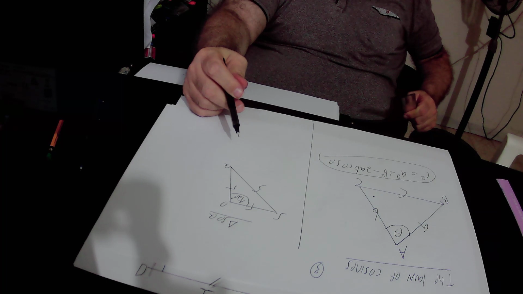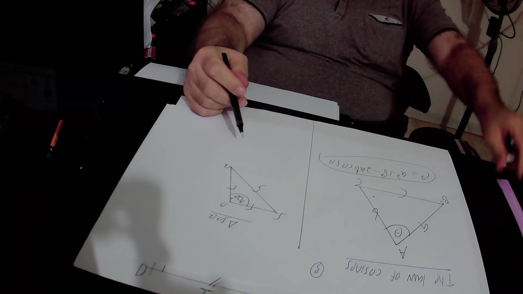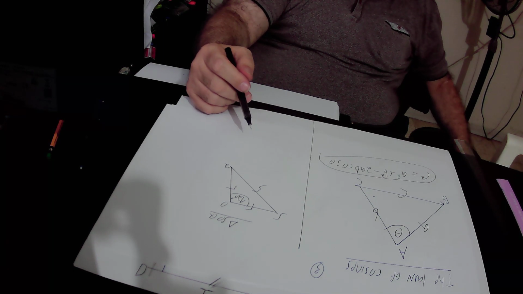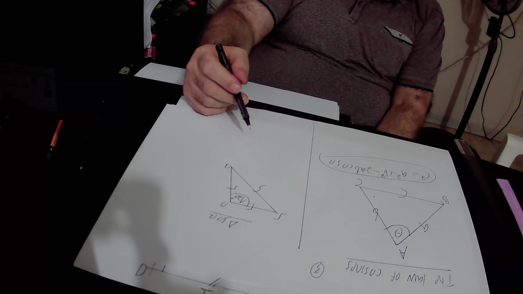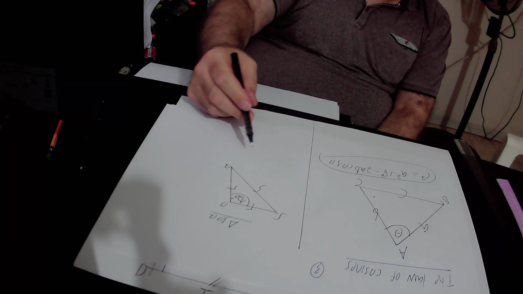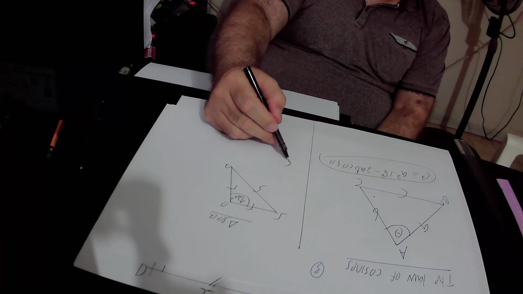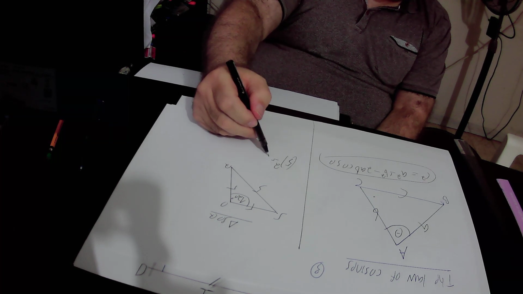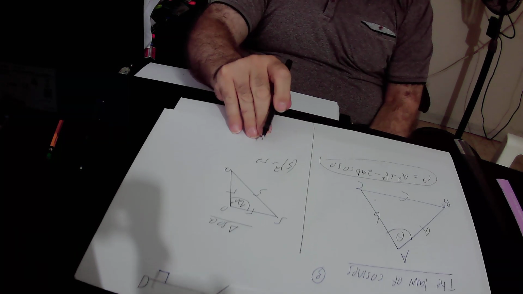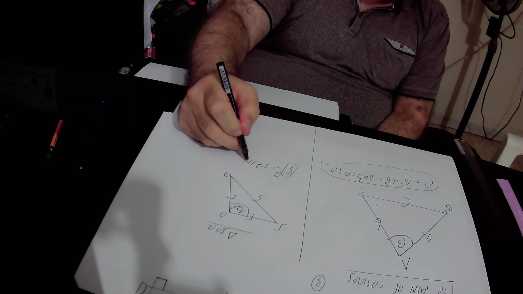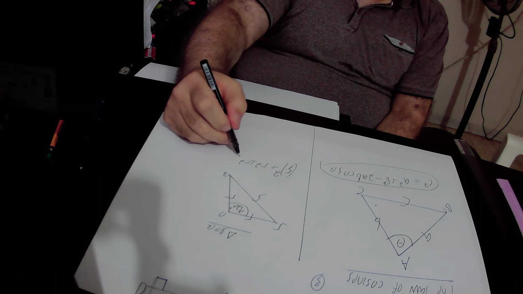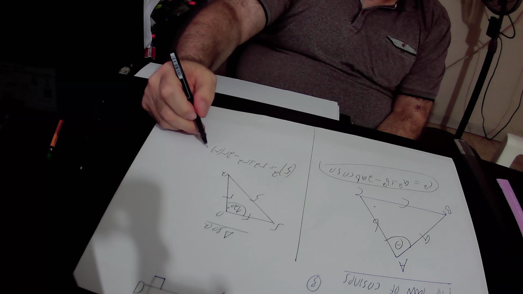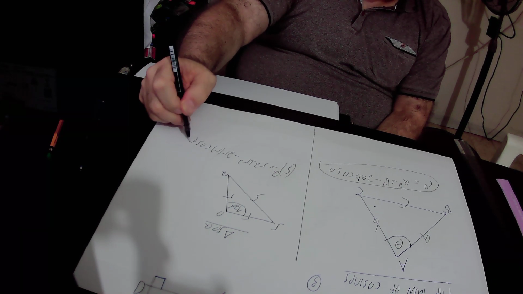According to the law of cosines, we get that 5 squared equals R squared plus R squared minus 2 times R times R times cosine 120 degrees.